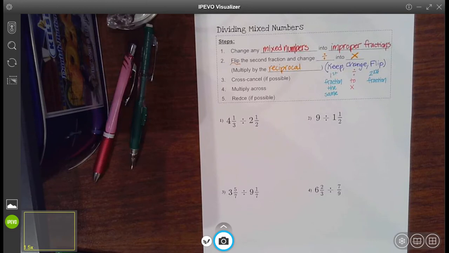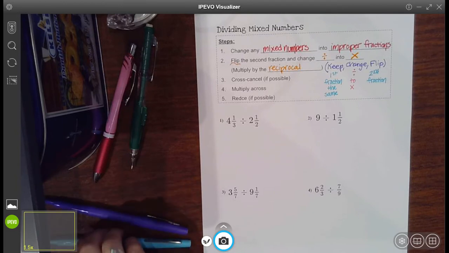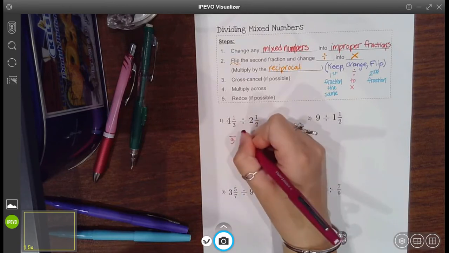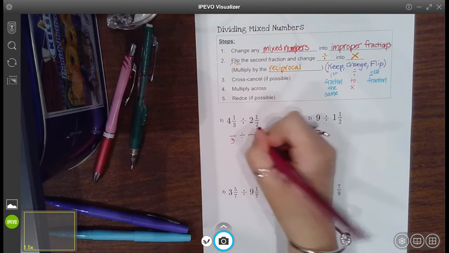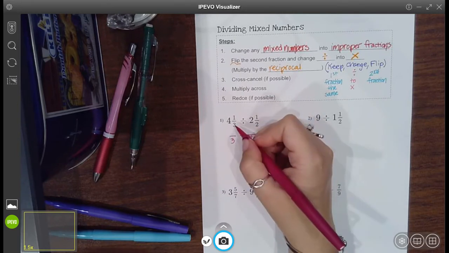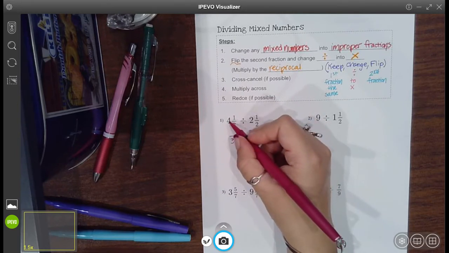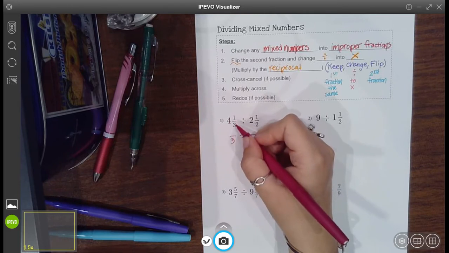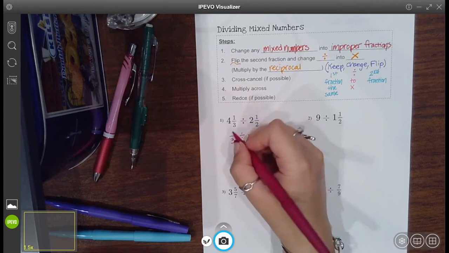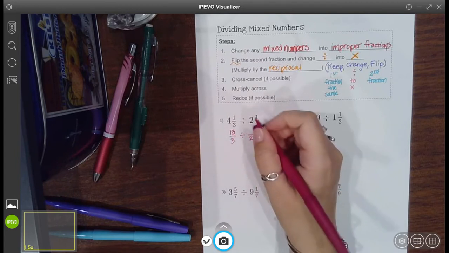So that first step, we said, is change any mixed numbers into improper fractions. So let's go ahead and do that. I'm going to change both of these from mixed numbers into impropers. I'm going to take the denominator, multiply it with the whole number, and add the numerator. 3 times 4 is 12. 12 plus 1 is 13.